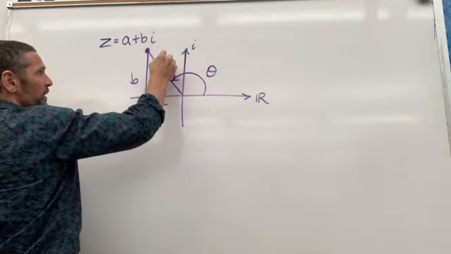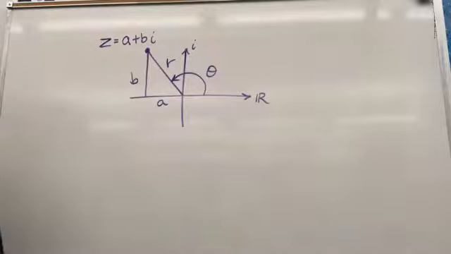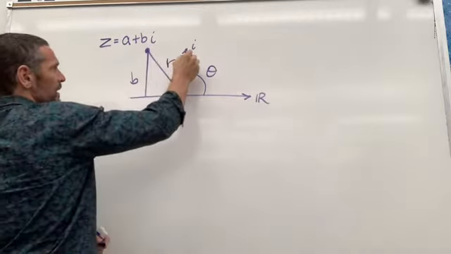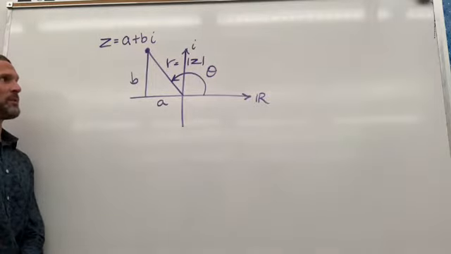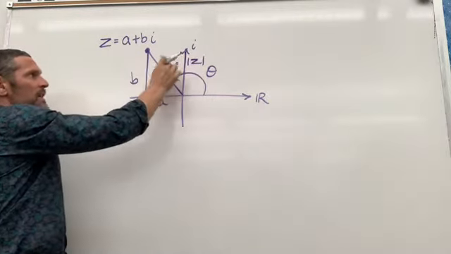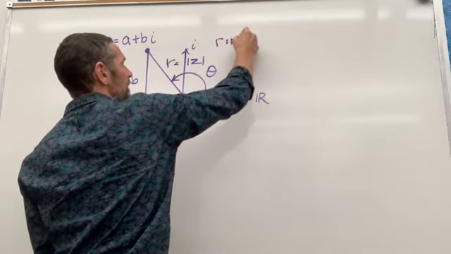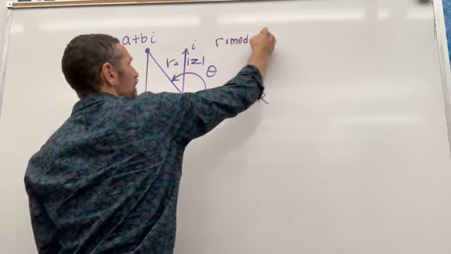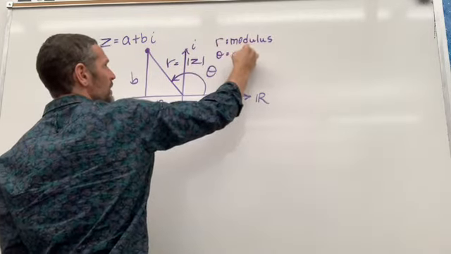We just called this the absolute value of z, and now we're going to call it r. Mechanically, it's found the same way that we found the absolute value of z. So the absolute value of z is r, and r, some vocabulary, is known as the modulus, and this angle here is known as the argument.